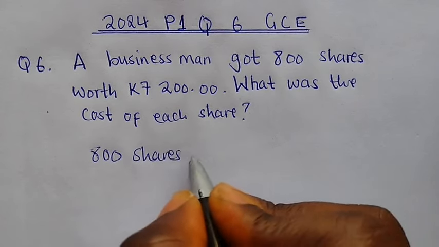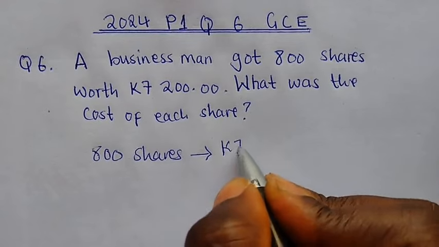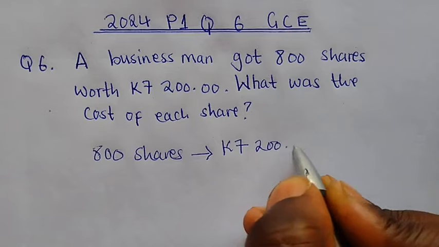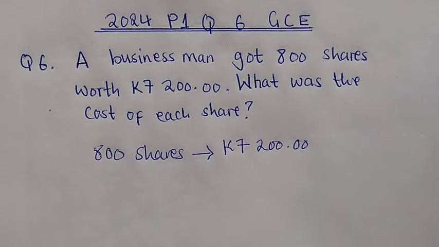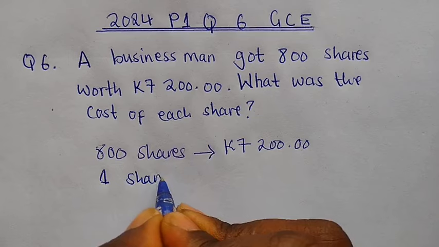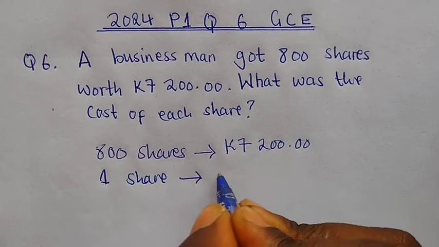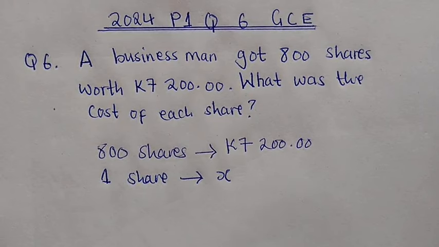We have been told that 800 shares was costing how much? 7,200 kwacha. Now, what about the cost of one share? For one share, in this case, we don't know. So we just put X because we don't know the cost of one share.